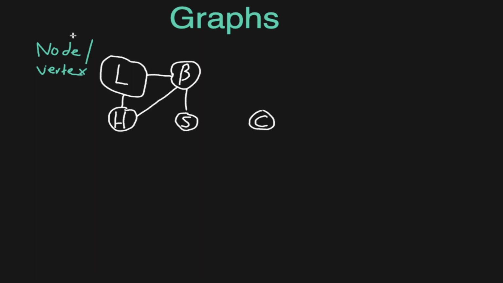All of the nodes together are known as the nodes, or the vertices. So more than one node or more than one vertex can be called nodes or vertices. And in between them, you have this line, and that's called an edge. So EDGE.